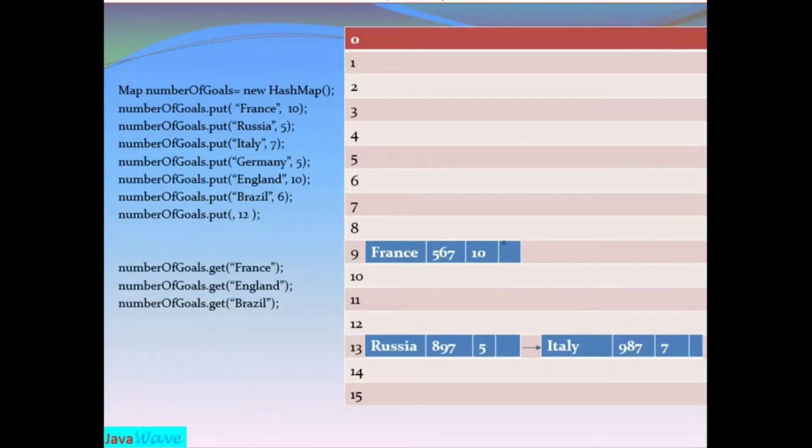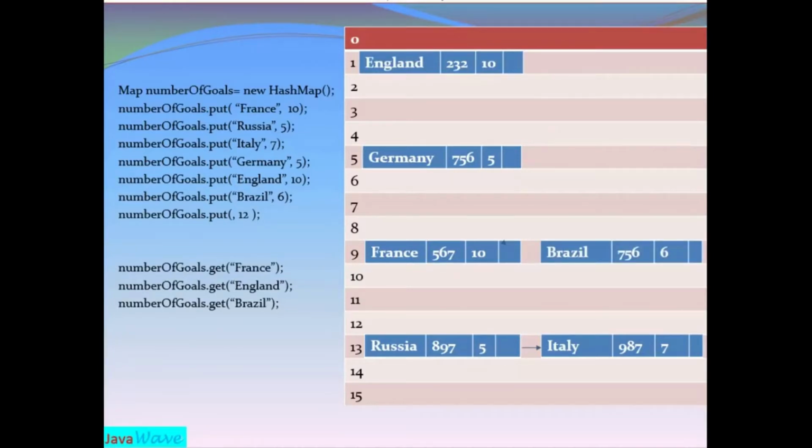Similarly, the next values will also get stored. Like Germany, it is giving me index value 5, so it got stored at the 5th bucket. Finland got stored at the first bucket. Brazil again got index value 9, so it got stored in the next node of the 9th bucket, and the first one started pointing to the second one.